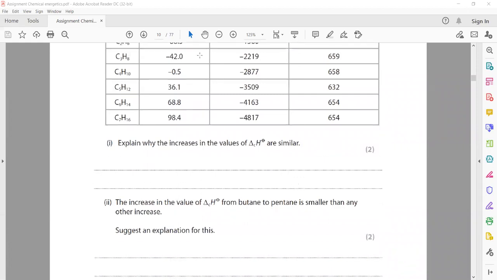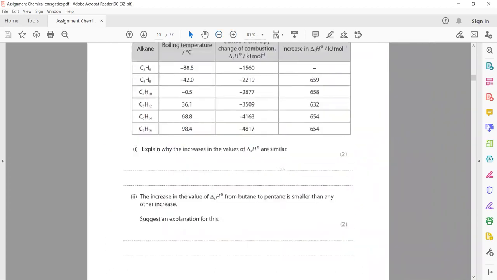The reason is that butane is a gas and pentane is a liquid. To burn pentane, it first has to be converted into vapor, so some of the energy released during combustion is absorbed by the liquid pentane to convert into vapors, and then it burns.